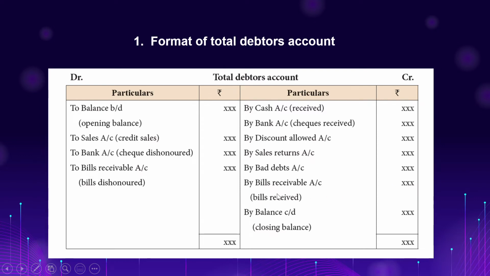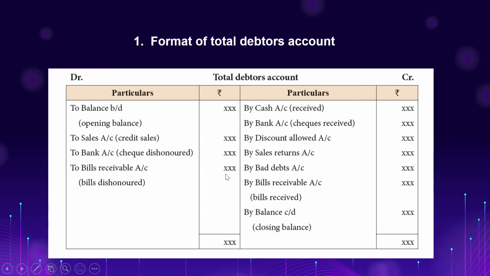We prepare the bills receivable account, and from there we transfer this amount to the credit side of the debtors account. See, some debtors have gone to the bills receivable account because they have accepted the bill. So that will also reduce the debtors account. And now the closing balance. So now you have to balance, and here we will find the credit sales as a balancing figure.